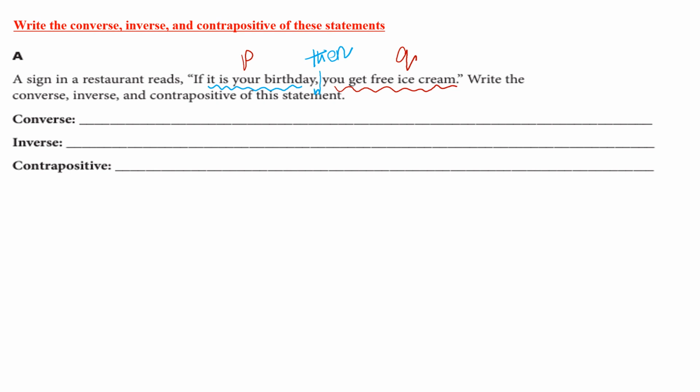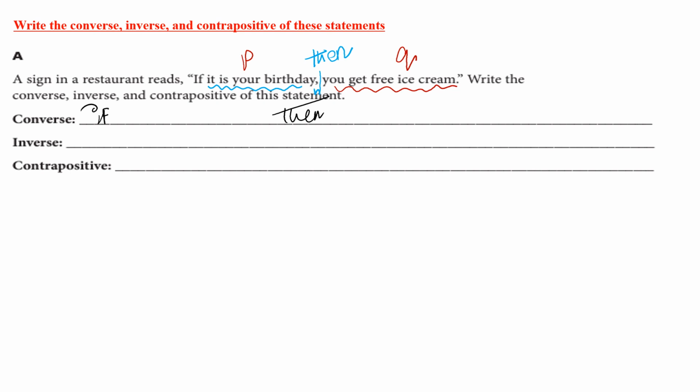Now, in order to write the converse statement, we will write if and then as they are. Now what do we have to write? We have to interchange their places. We will write, if you get free ice cream, then it is your birthday. Now let's make the inverse.